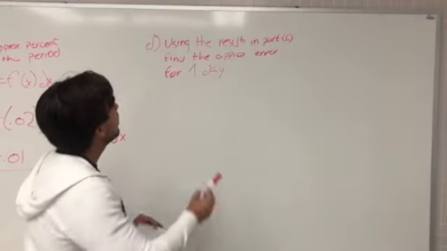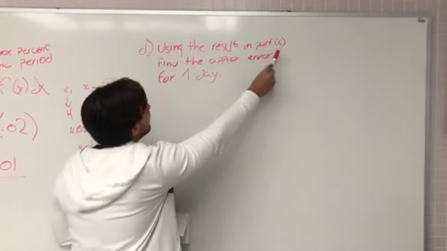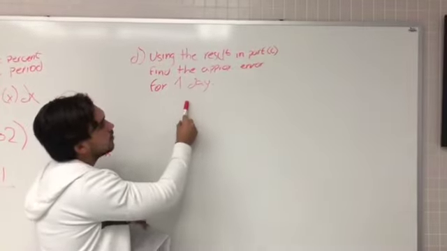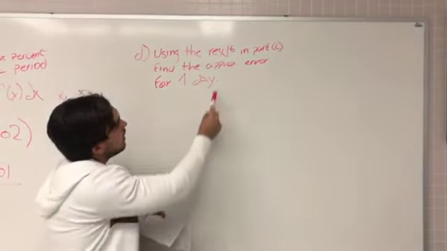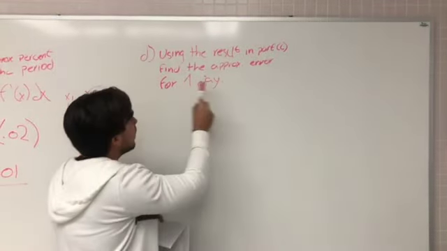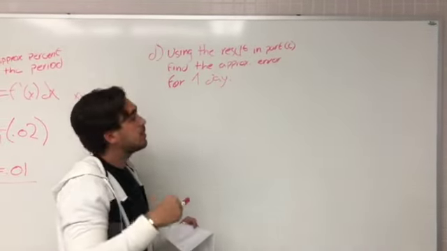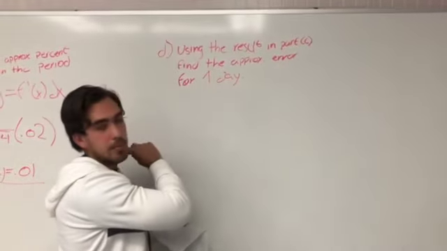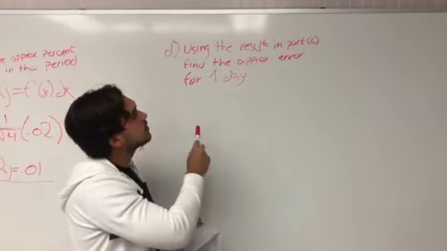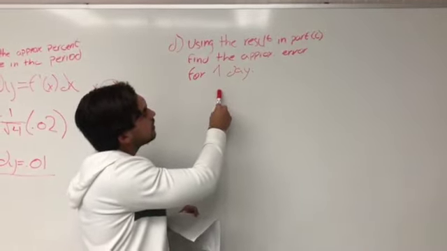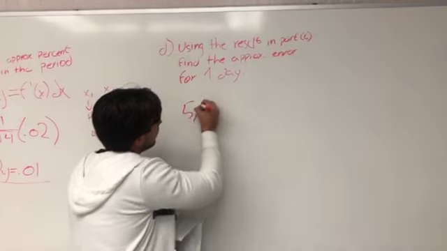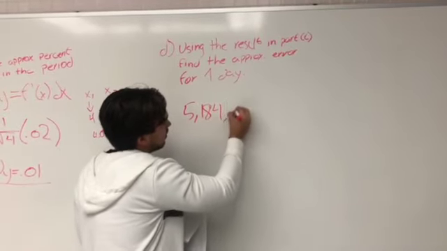Okay. Here we need to use the result from part C, which is our 0.01, and we have to multiply it. We already have the approximate, and we need to multiply that approximate by 1 day. We know that our main time is in seconds, so we have to convert this day to seconds, which will be 5,184,000.